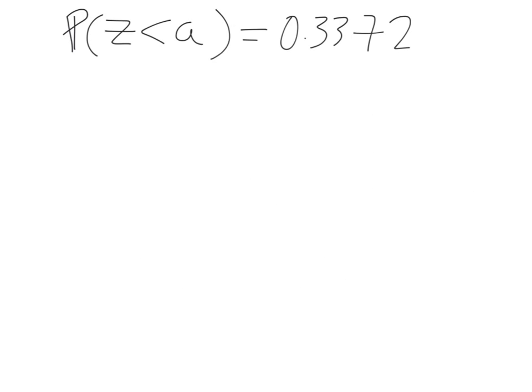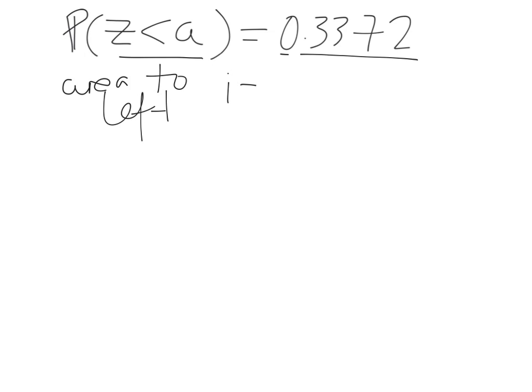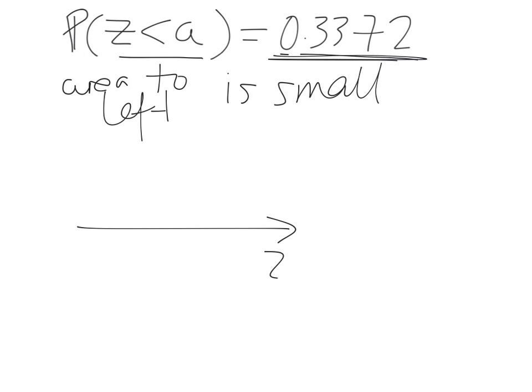Okay, we're trying to find the probability that z is less than some value a, and it's this, which is small. So we've got area to left, because it's smaller than, is small, because this number is less than 0.5. So what we have is our z-axis, and this is 0.